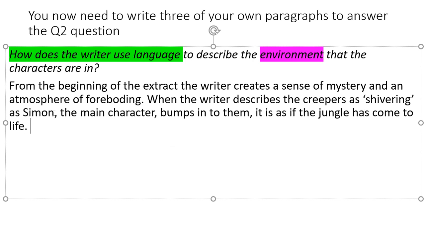Now, what do we call it when something that isn't a person is described as having human qualities? I'm hoping that I can hear you all shouting, "That's personification, sir."